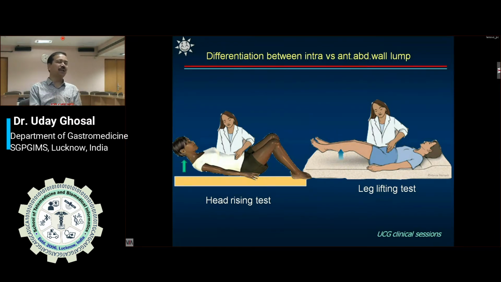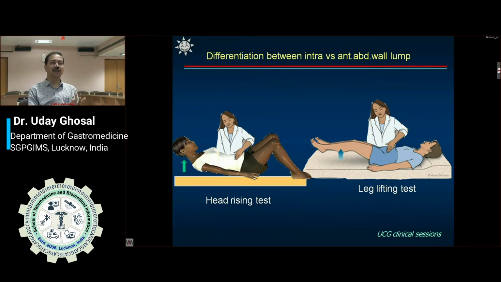So palpate the lump first. After palpation of the lump, you ask the patient to raise the leg. And you see, did the lump become more prominent or less prominent? If on raising the leg the lump became more prominent, this is a parietal lump. If on raising the leg the lump became less prominent, it is an intra-abdominal lump.